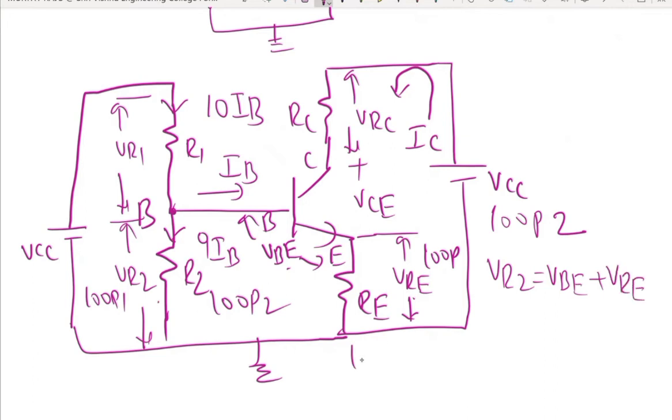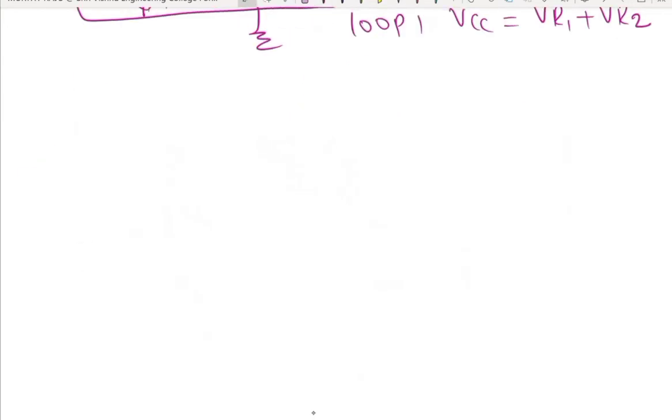Loop 1 equation: VCC is equal to VR1 plus VR2.